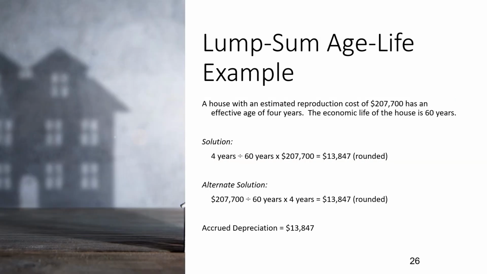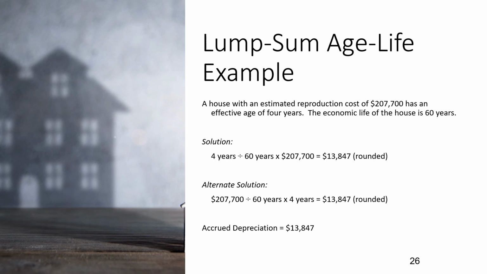Here's an example of a lump sum age-life method. A house with an estimated reproduction cost of $207,700 has an effective age of 4 years. The economic life of the house is 60 years. So here's your solution: 4 years divided by 60 years times 207,700.